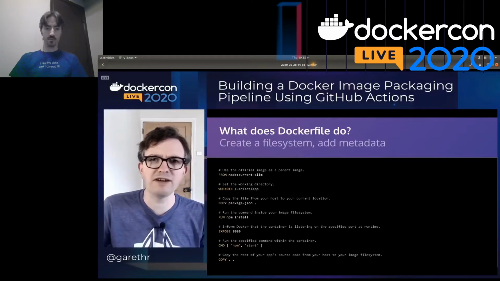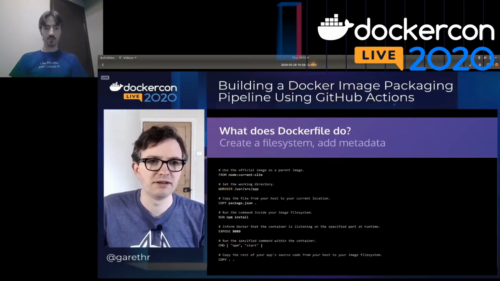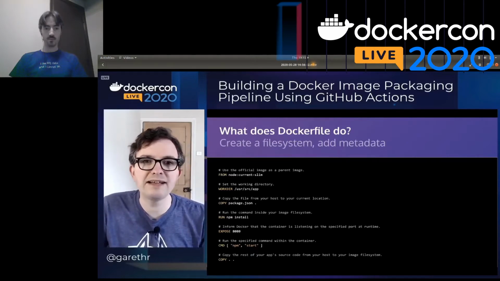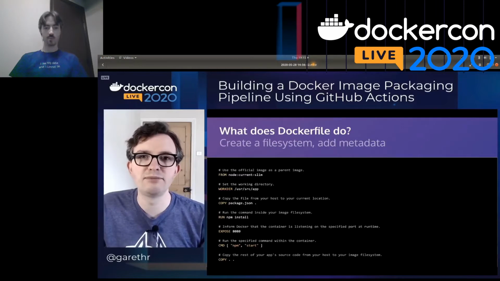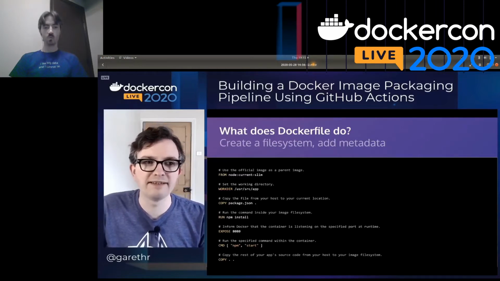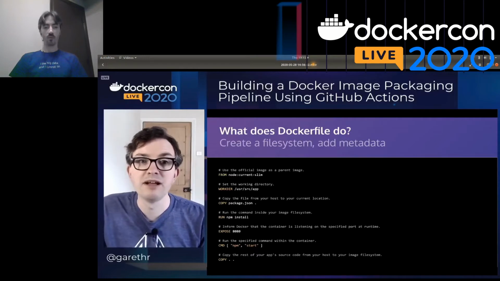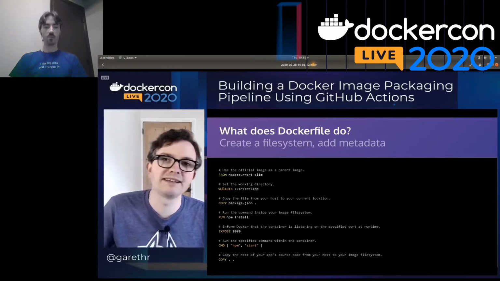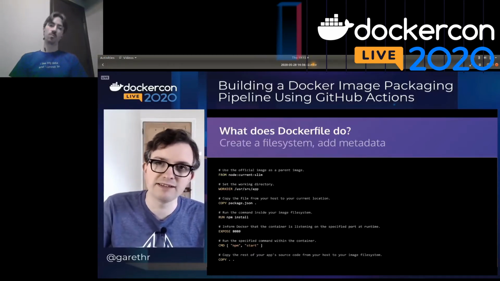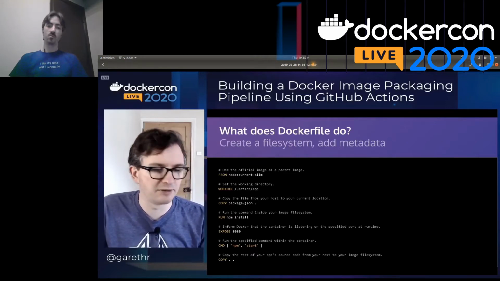But what does a Dockerfile actually do? Under the hood, for me, it creates a file system and adds some metadata. So you can break down most of the commands, like FROM, WORKDIR, ADD, COPY, LABEL, into things that either work on the file system or add metadata to the image.